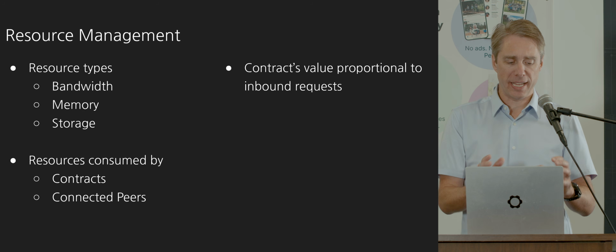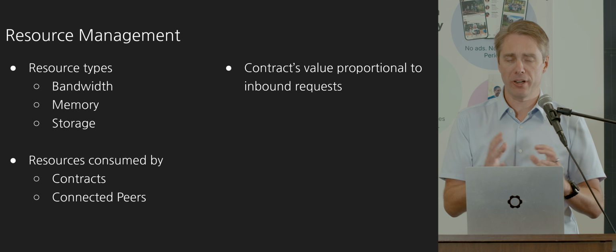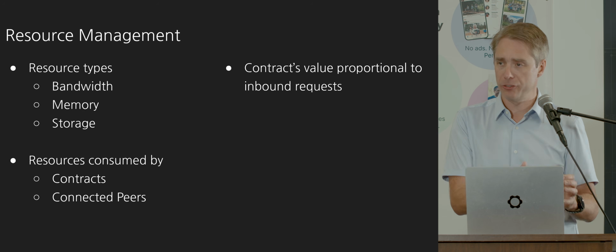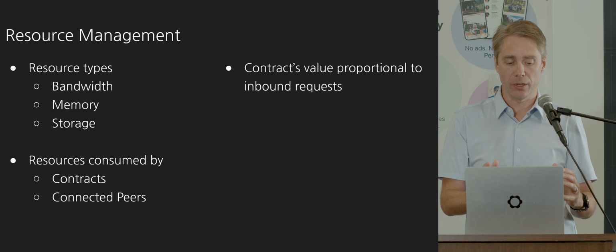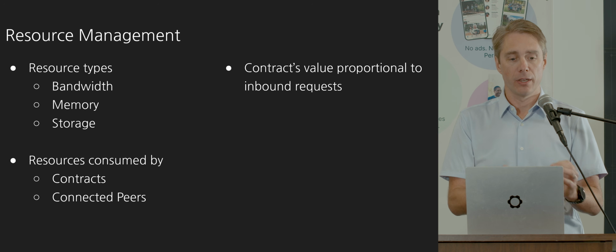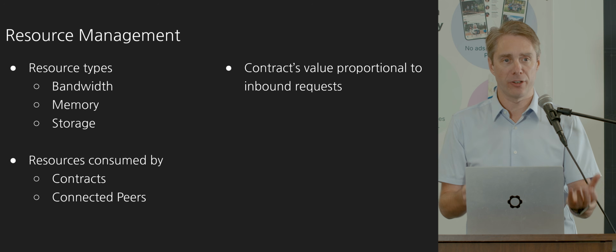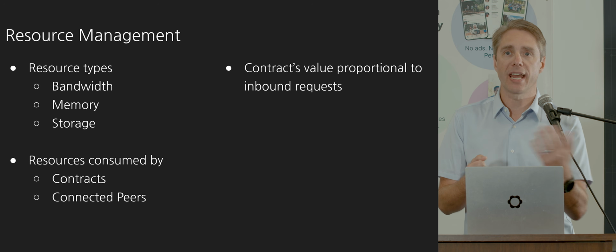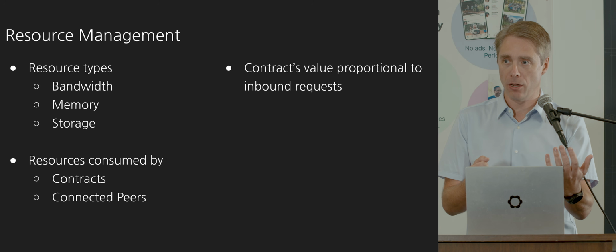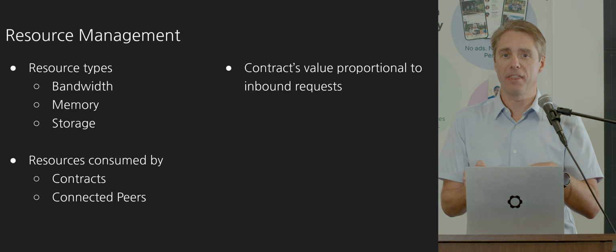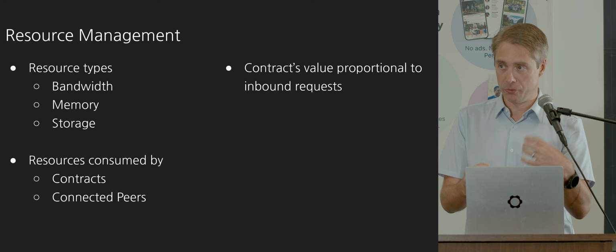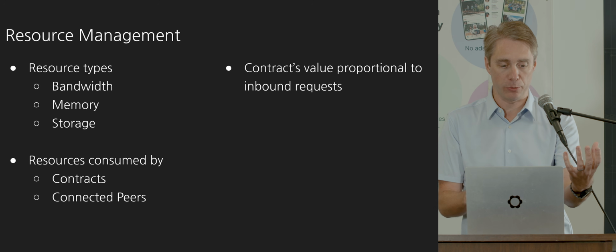So the question then is, we have contracts and connected peers each consuming bandwidth and other finite resources, but they also have a value. The value of a contract where you're getting a lot of requests is that it's valuable to be able to provide that information to other peers.